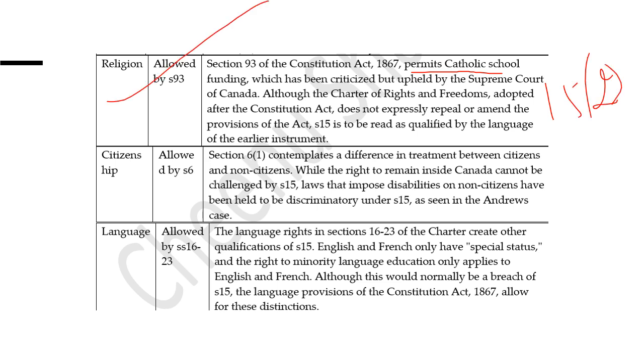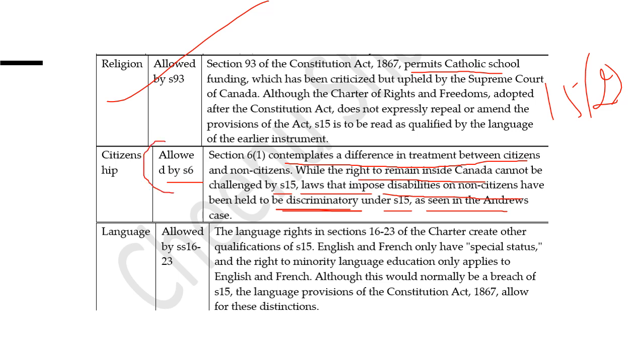Then citizenship, allowed by section 6. Section 6(1) contemplates a difference in treatment between citizen and non-citizen. While the right to remain inside Canada cannot be challenged by section 15, laws that impose disabilities on non-citizens have been held to be discriminatory under section 15, as seen in the Andrews case.